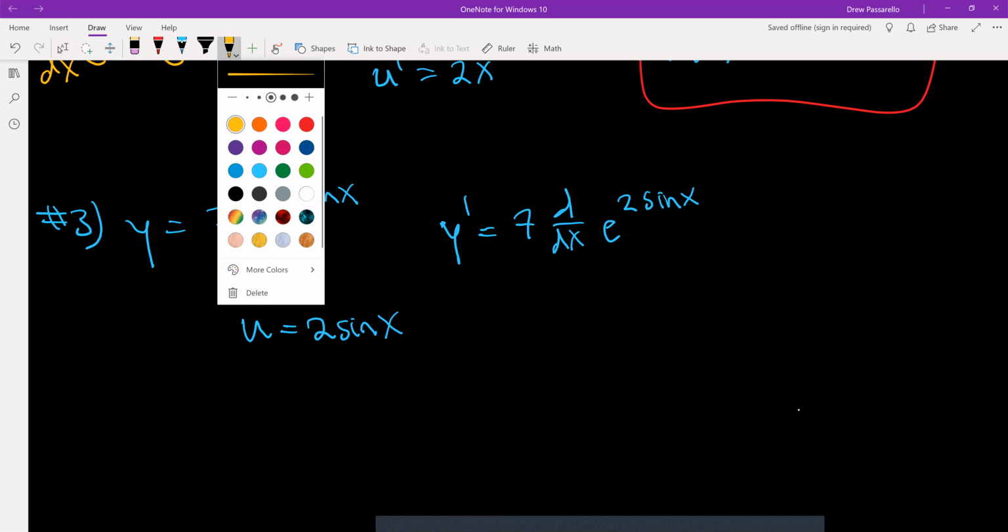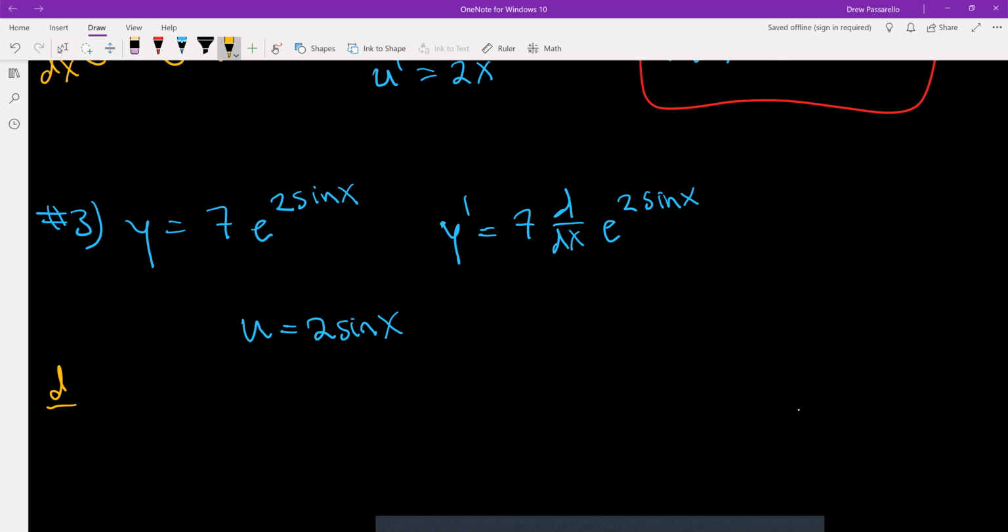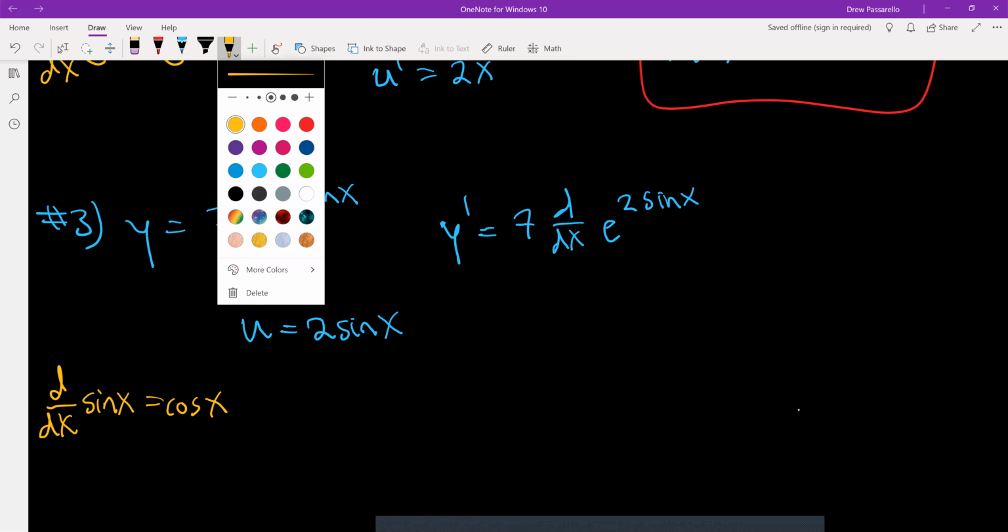And recall that the derivative of sine is cosine. So u prime is 2 cosine x.